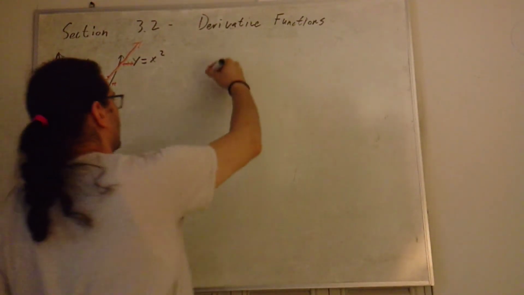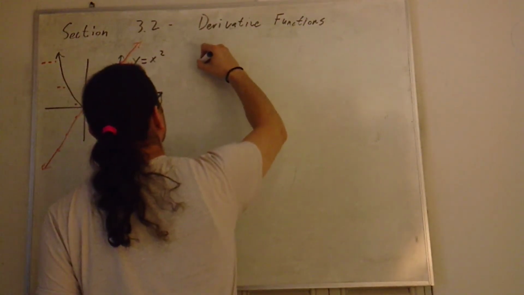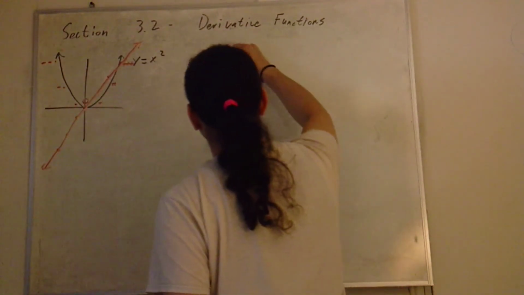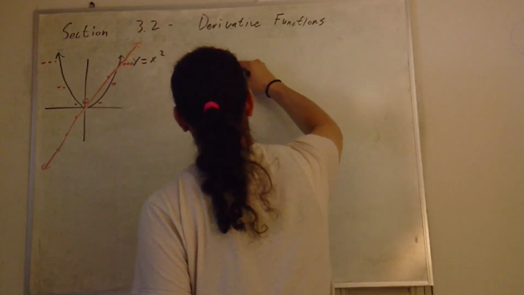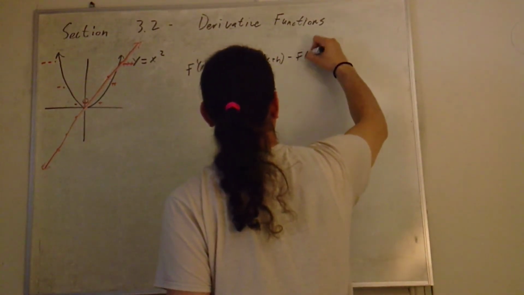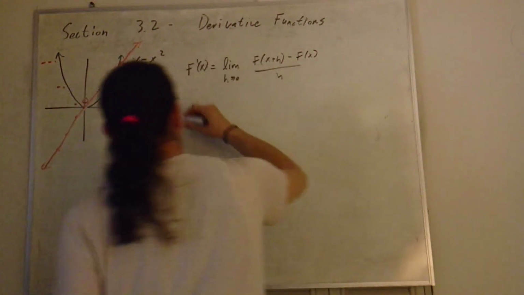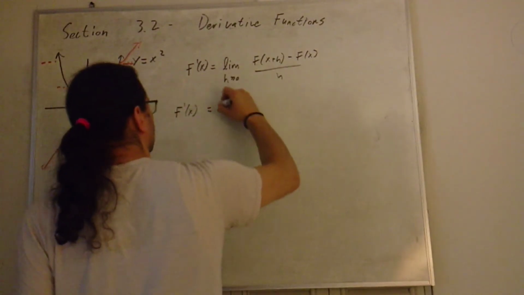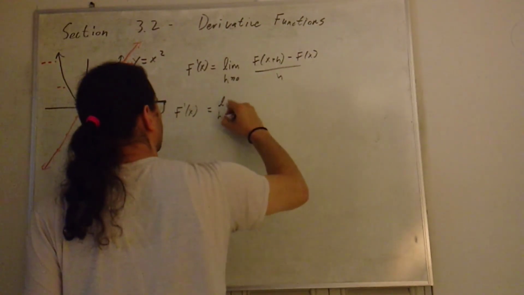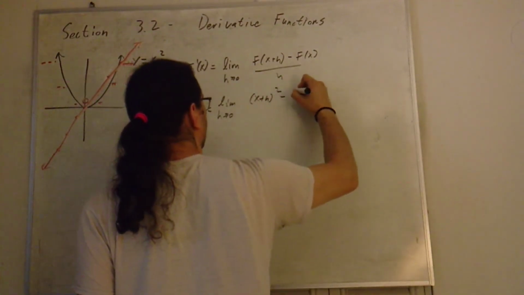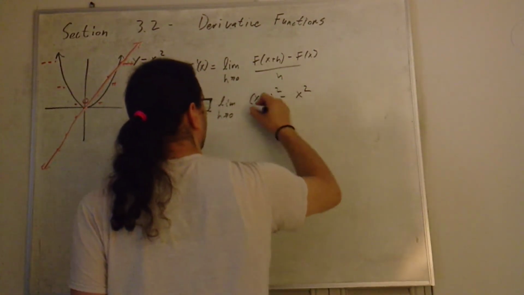If we do this analytically, the derivative is the limit as h approaches 0 of f of x plus h minus f of x all over h, which means that it is the limit as h approaches 0 of (x plus h) squared minus x squared over h.